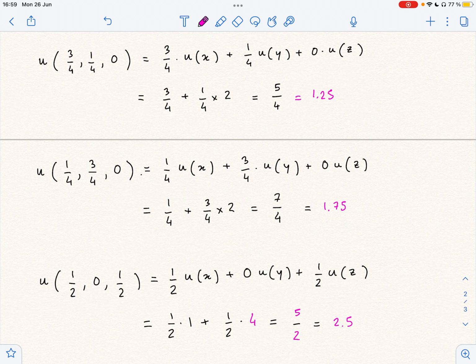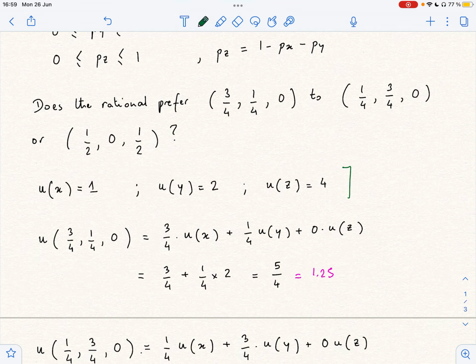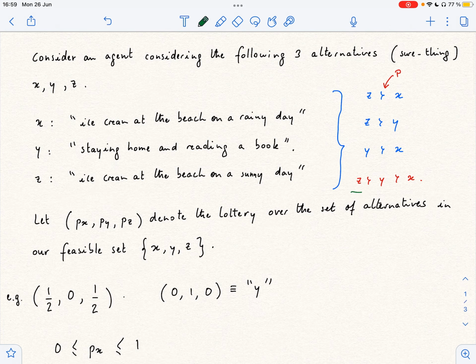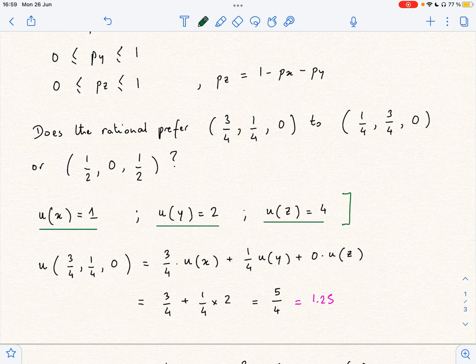So here, the preference ordering over the sure things, illustrated by these utilities, is a cardinal assignment over my ordinal ranking. This is an ordinal ranking, but here I'm assigning a utility value.